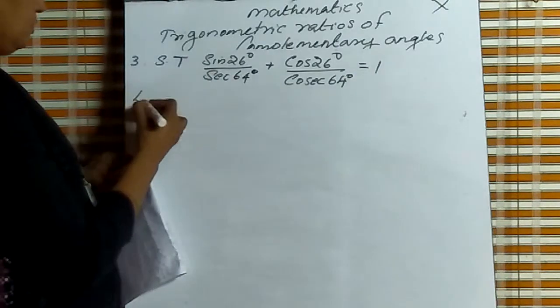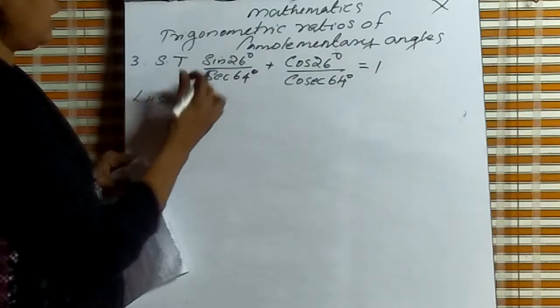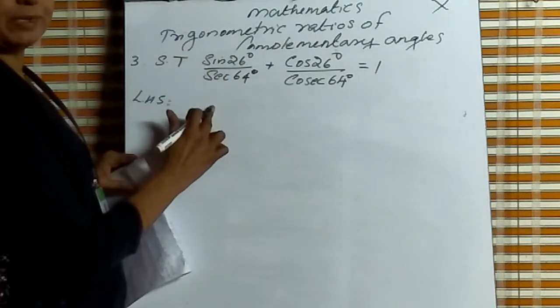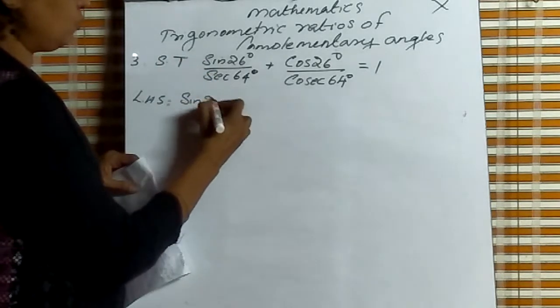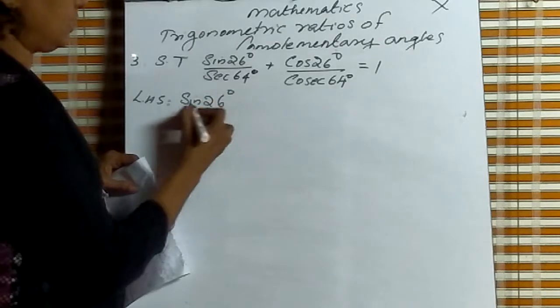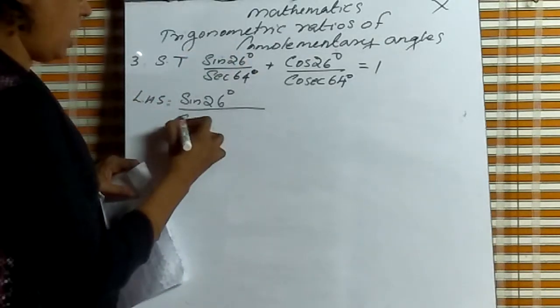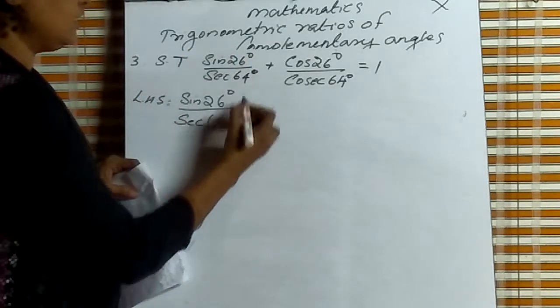To prove this, first we take the LHS. Here, in the numerator and denominator, we change any one, either numerator or denominator. So first we write sin 26 itself and change sec 64.